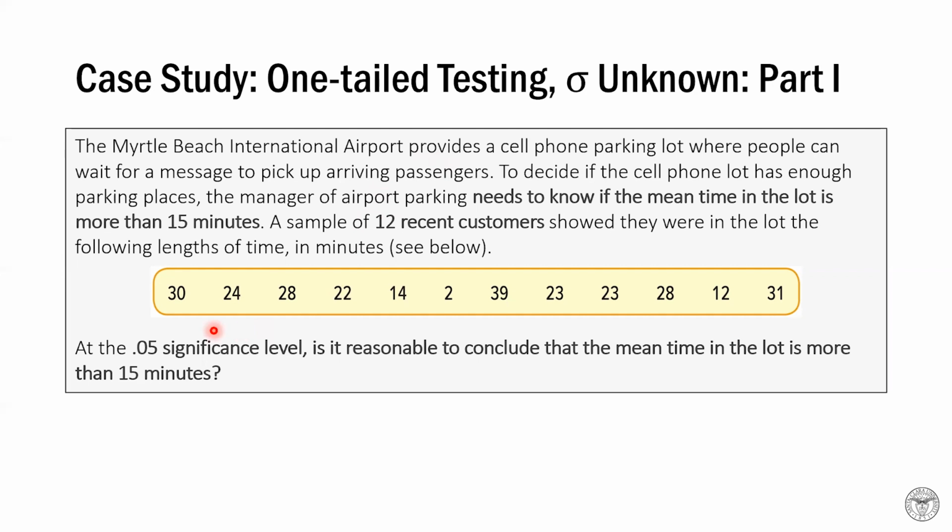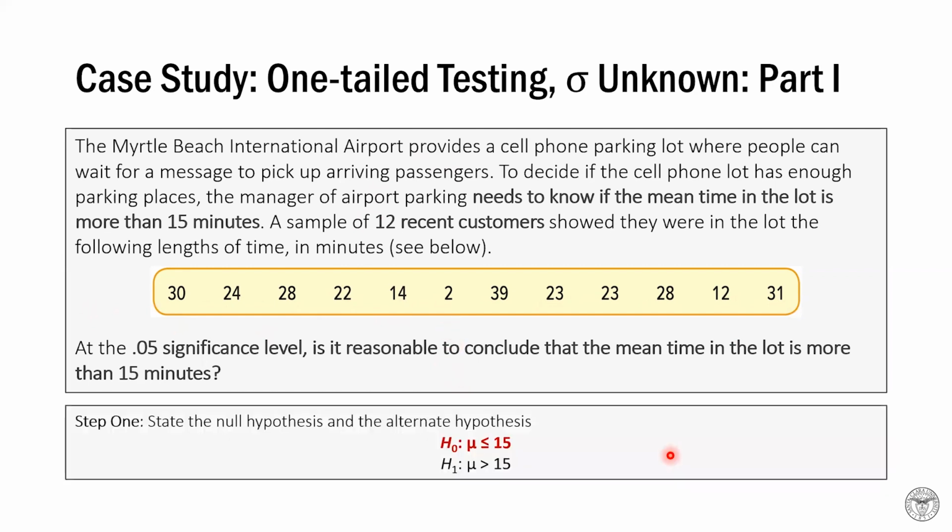These are the waiting times of these customers. The question is, at a 0.05 level of significance, is it reasonable for us to conclude that the mean waiting time in the lot is more than 15 minutes?